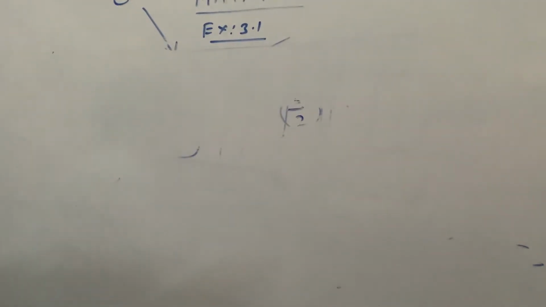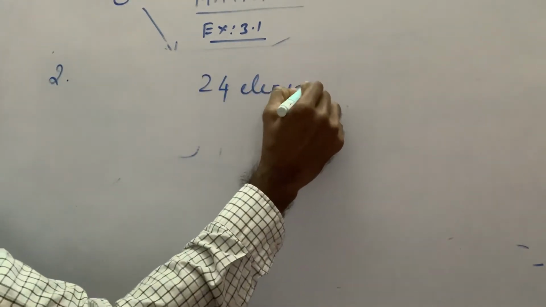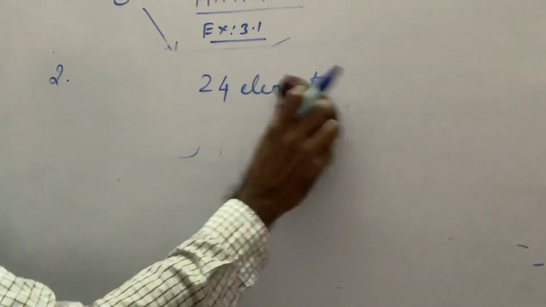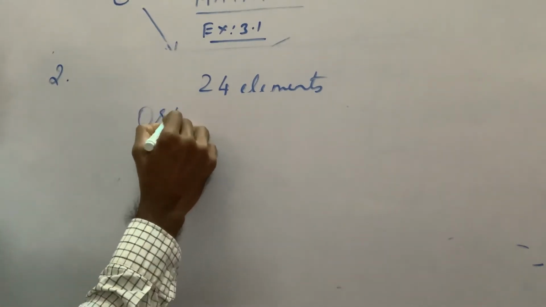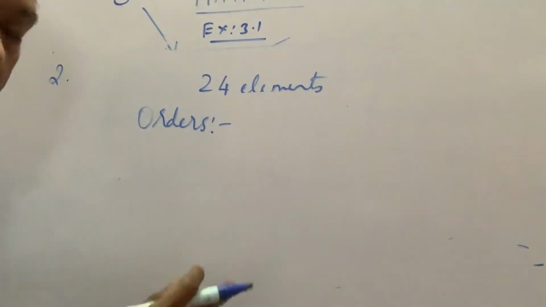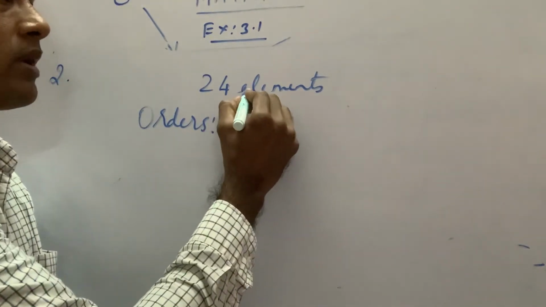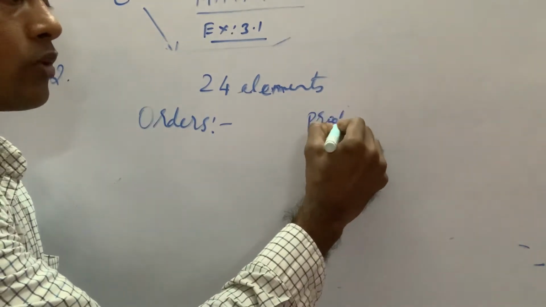In this one, they're saying if a matrix has 24 elements, what are the possible orders? So what are the orders it can have? Recollect what I told last time. Number of elements is nothing but the product of rows and columns.